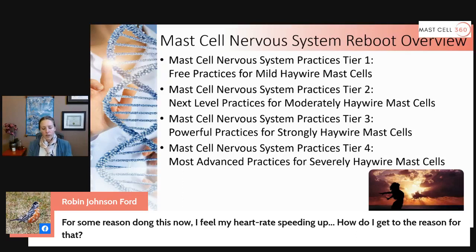And when we're in that lockdown state, it feels comfortable and safe to be uncomfortable. And something new can feel scary. So we may need to shift into it very, very slowly. Some people experience this when they start vagal or limbic work. And this is why I say if you're in the severely haywire mast cell category, start with just 1 or 2 minutes of things.